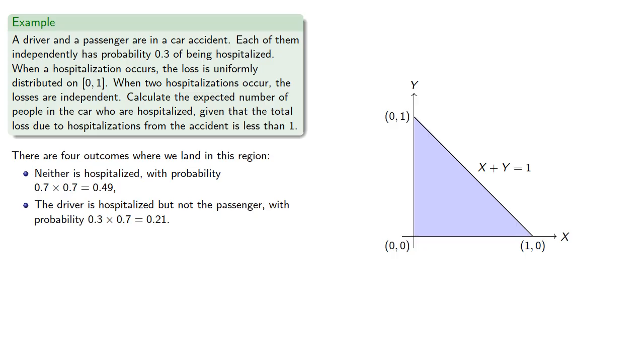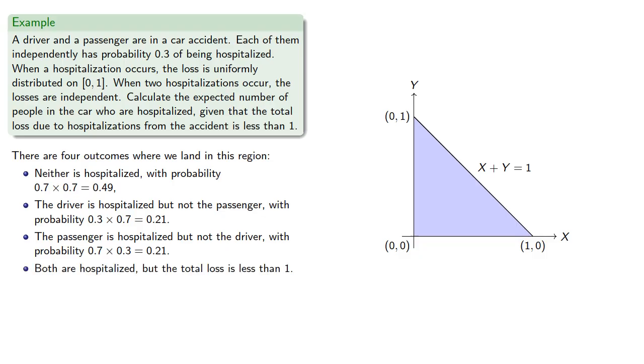So that has probability. And likewise, if the passenger is hospitalized but not the driver. And the only case that we do have to do a little bit of work for is that if both are hospitalized, but the total loss is less than 1.